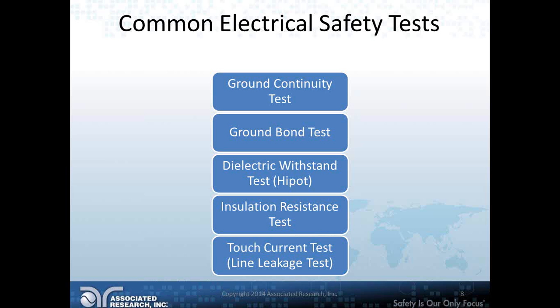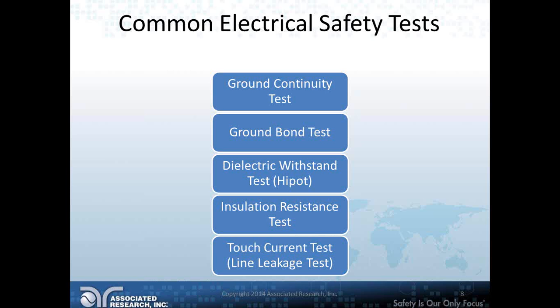It gives us those numbers for leakage current and tells us if the insulation will break down as a result of the applied voltage. Whereas the insulation resistance test will give us a value in resistance. It'll actually give us the megohm or the ohm value of the resistance of our product.